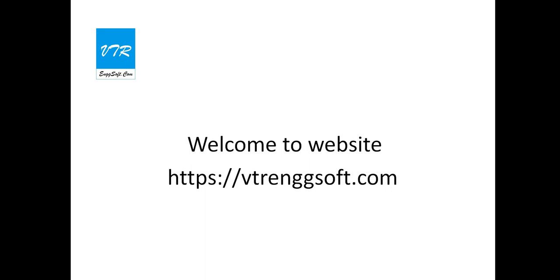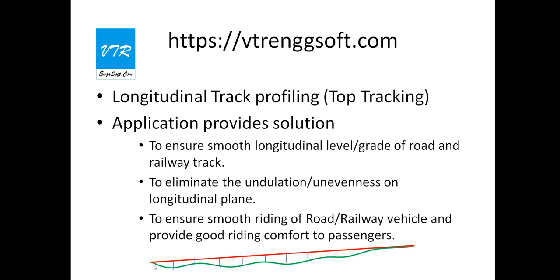Once you record your existing profile and feed the data into the application, you will get the solution, that is, at the various points, the amount of lift required in order to get a smooth plane. Coming to this, just see, this is your existing profile of the road.